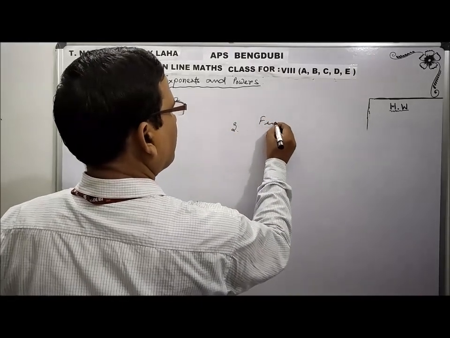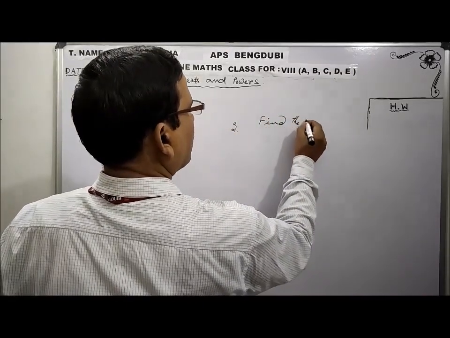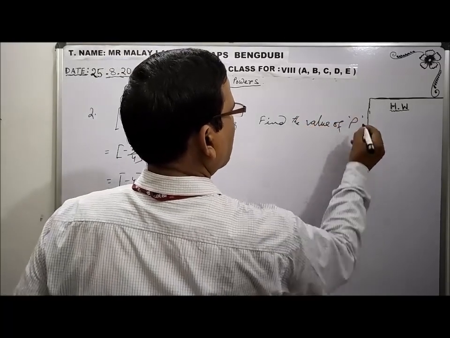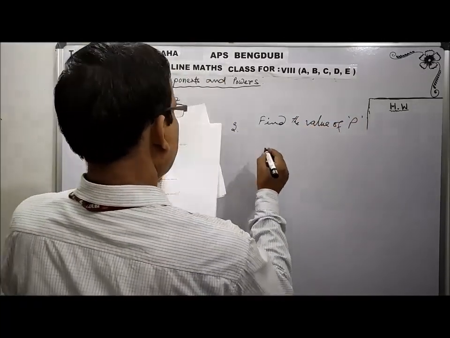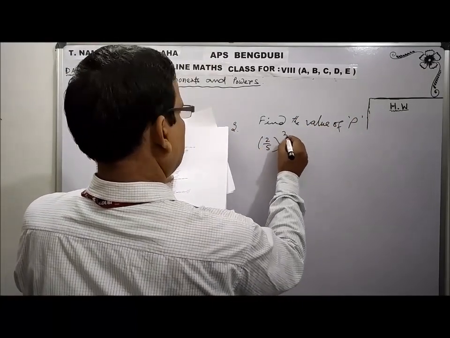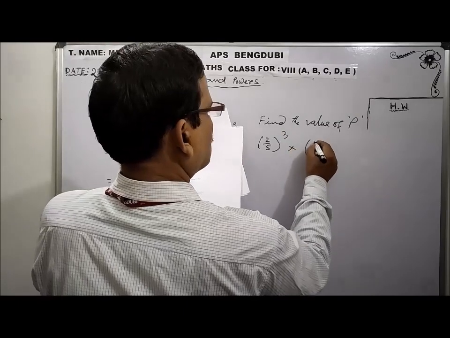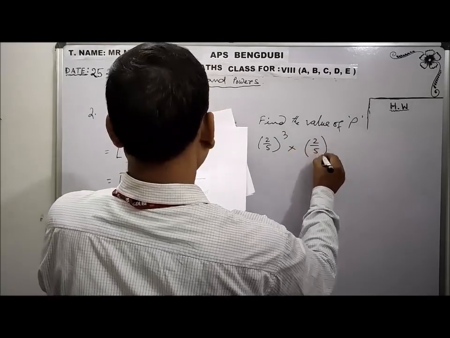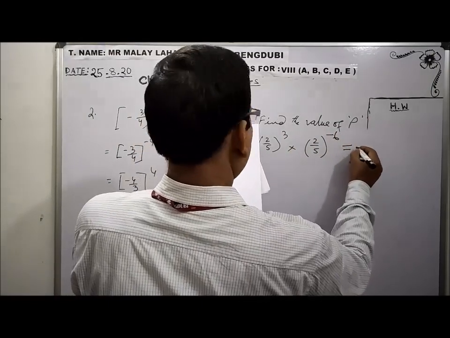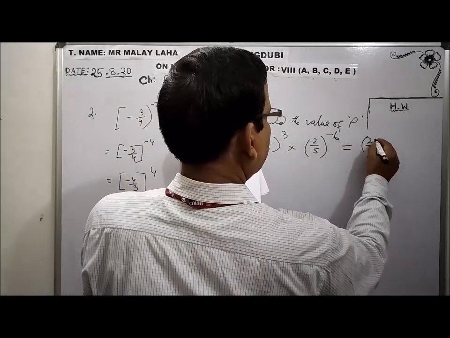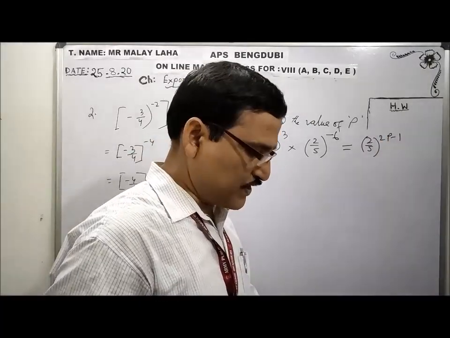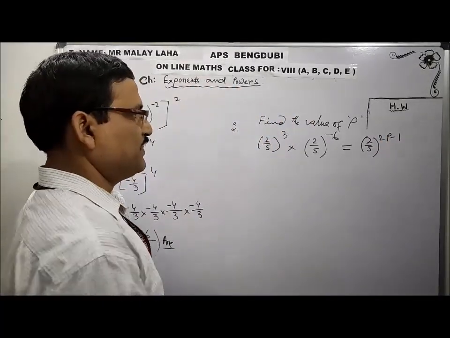In the question, (2/5)^3 into (2/5)^-6 equals (2/5)^(2p-1). Very, very important question. Okay, definitely it will come.